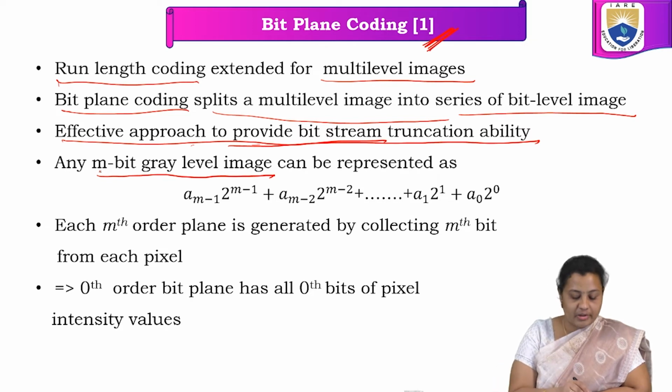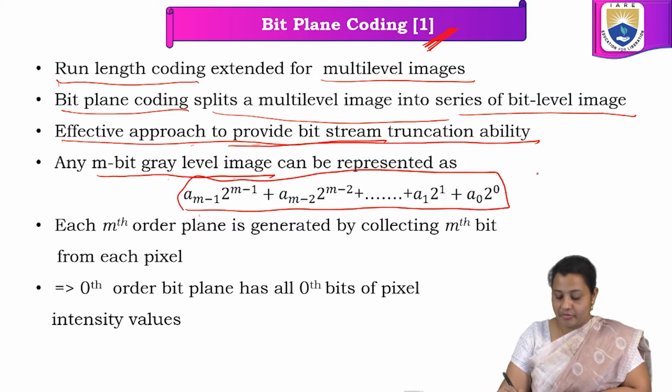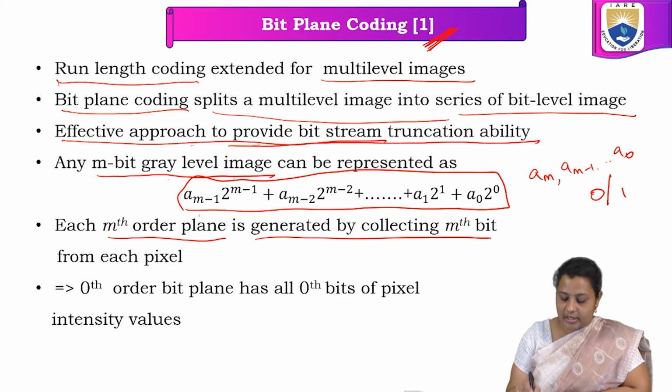If we have an m-bit gray level image, then every intensity value can be represented in this form, where a(m-1), and so on, down to a0, are either 0 or 1. Each mth order plane is generated by collecting the mth bit from each pixel.